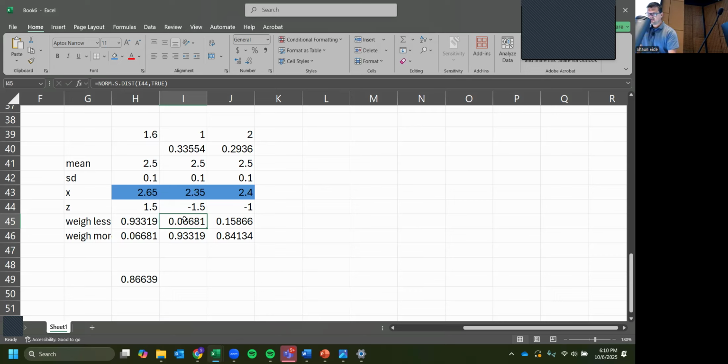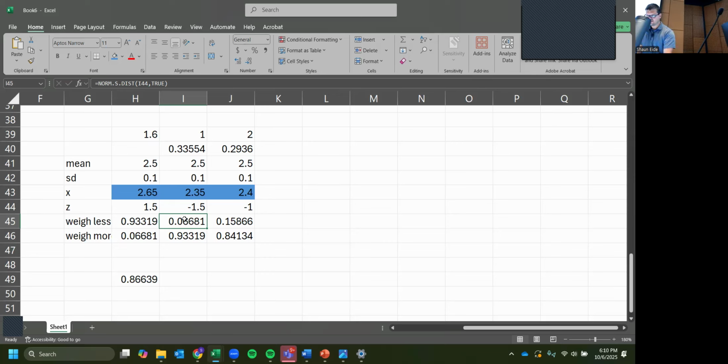Okay, the probability of being less than 2.65, and then what was the other one? 2.35? Is what, 6%?